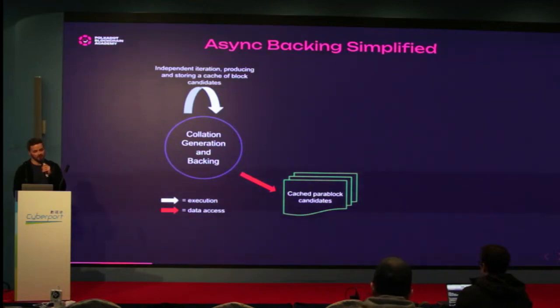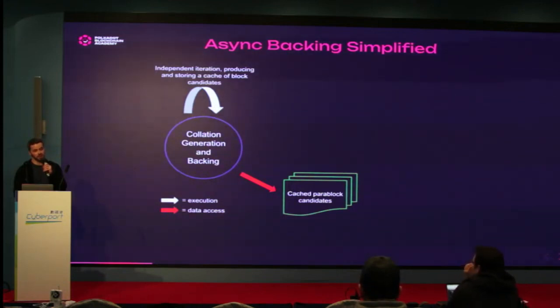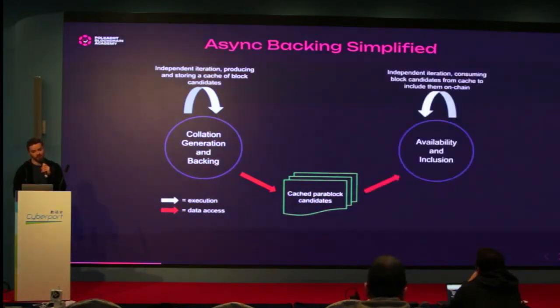Again, we're passing them up to backers in the form of collations. They're receiving backing statements. But instead of immediately, say, backing the blocks that are produced here on chain, instead we cache those candidates in a storage structure in the relay chain client. So we're accessing data to write these candidates to storage essentially, and later those candidates are then used for the availability and inclusion step.